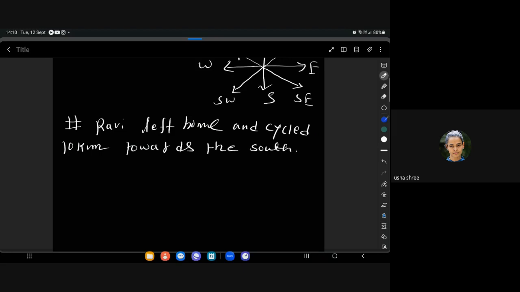So each and every information is important. Based on each and every information given in that question, you have to draw the diagram.